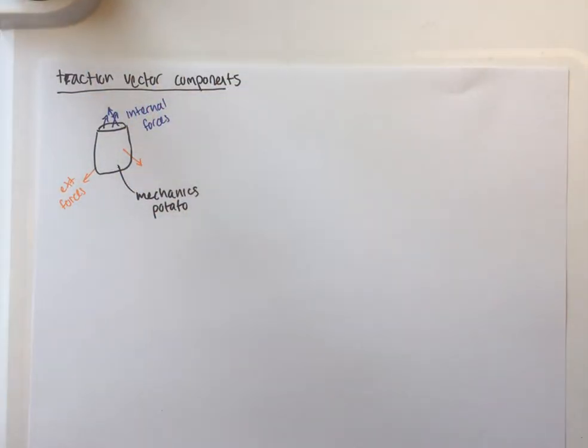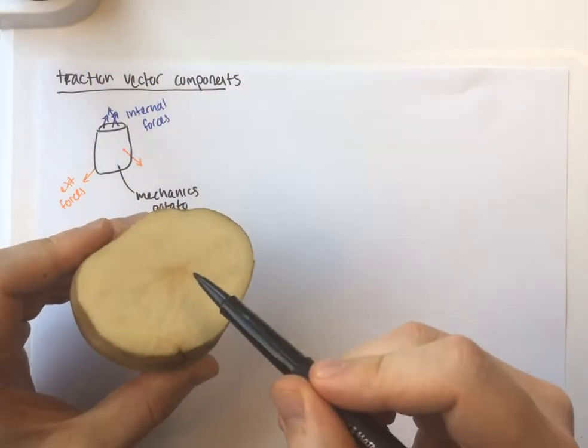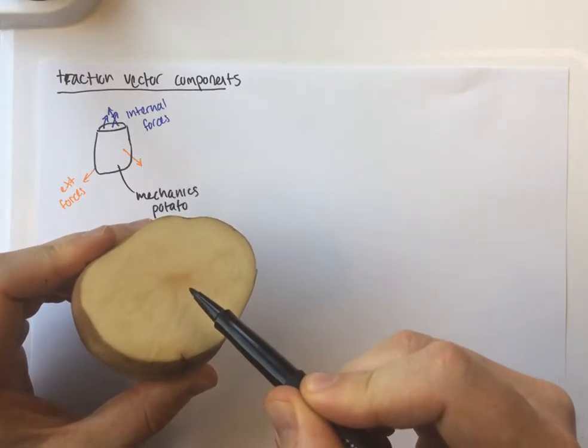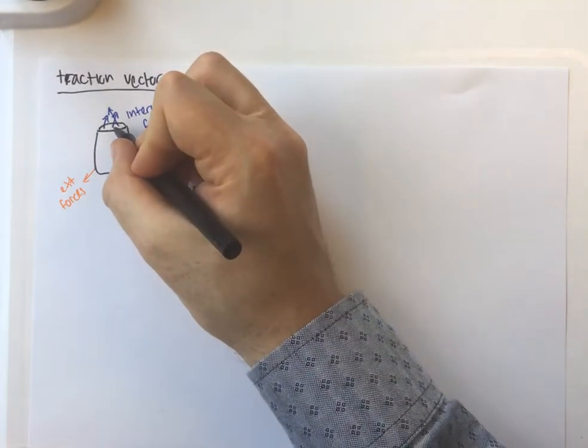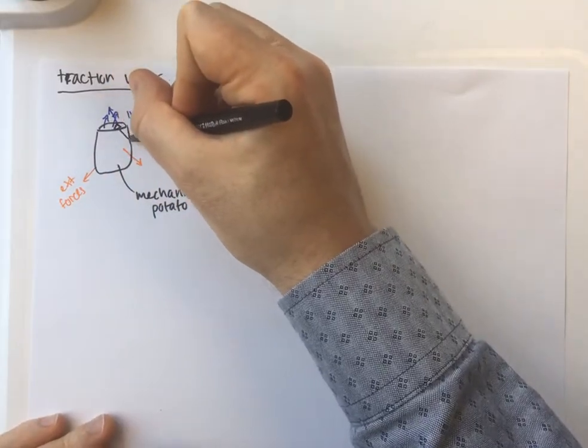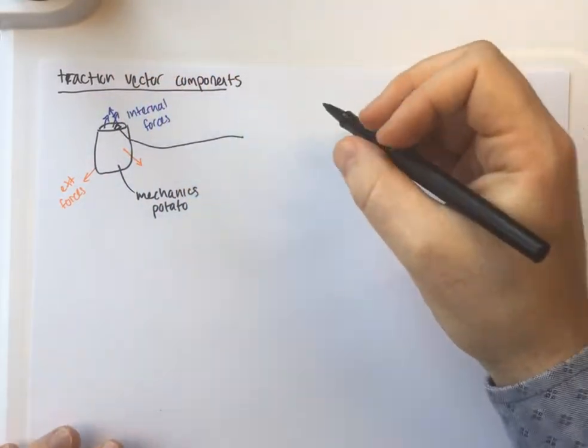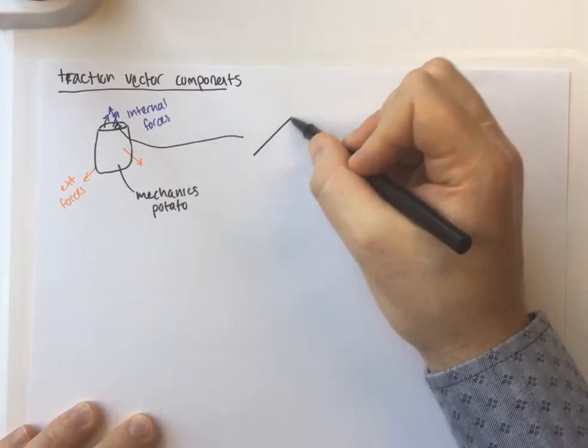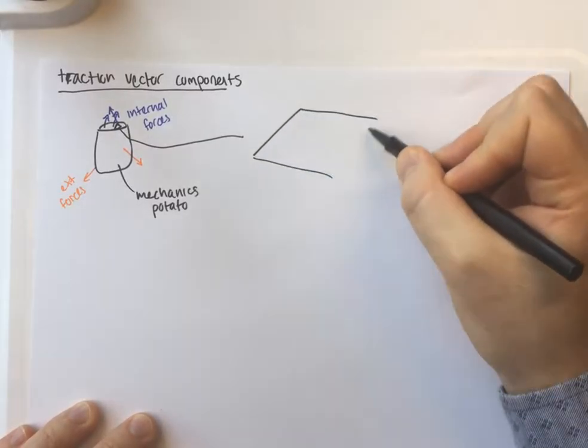And what we've then done is we've said, okay, we're going to take a little tiny patch of potato and we're going to look at the internal forces on that patch. So we're going to come over here and we're going to see that patch.